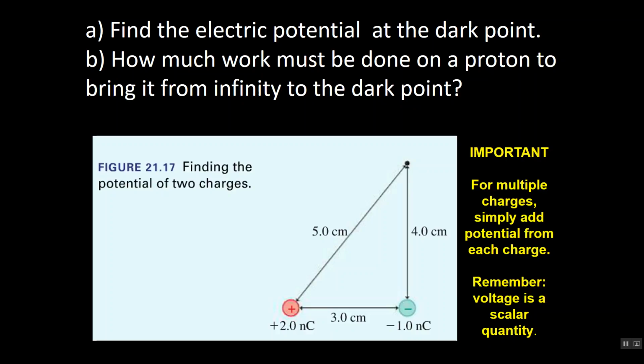So we're going to do this one together, and I'm going to ask you guys to do the rest on your own. And here is a very simple example of how to calculate, or when to calculate, potential and potential energy. So find the electric potential at the dark point. I think you can write it down. So if I were to do this one here, I'm looking for the potential of that red point at the top, right?